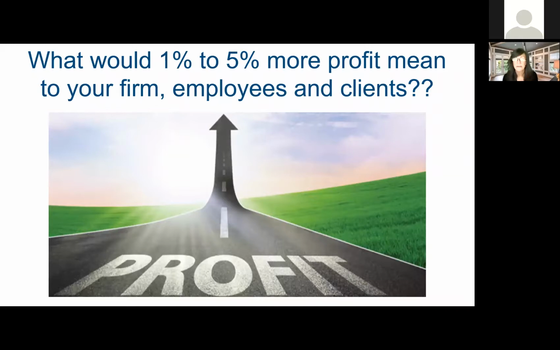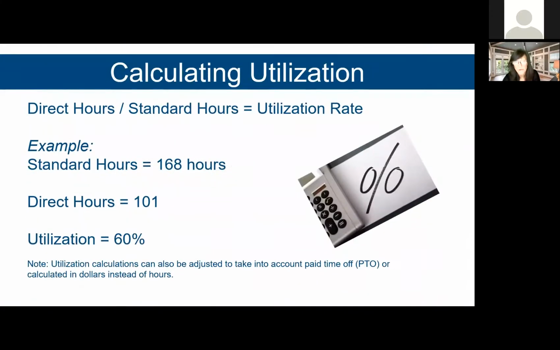Just talking about having more money doesn't always get people excited, but when you talk about the benefits of having that money, we can give bigger bonuses to our staff, we can open a new office or expand our services, or whatever it is that you believe is beneficial to your company. Having that written down as a discussion point with the leaders of your firm is very, very helpful in helping you move forward in getting things done. So hopefully you know what those are.